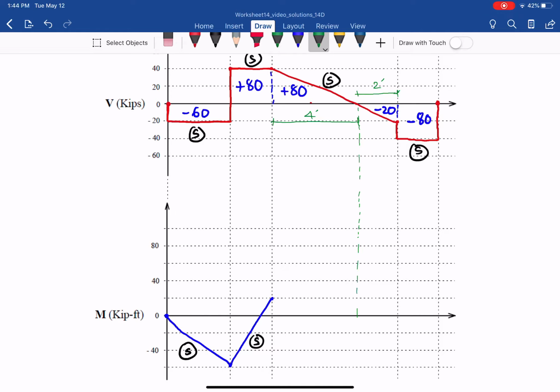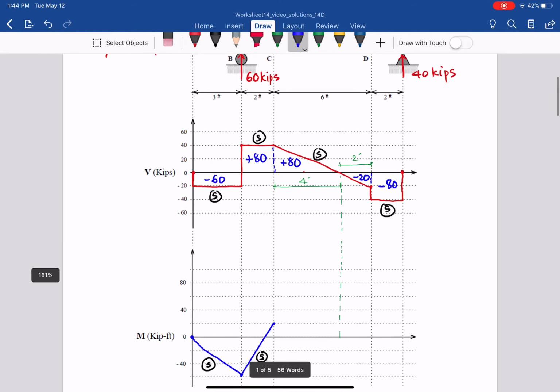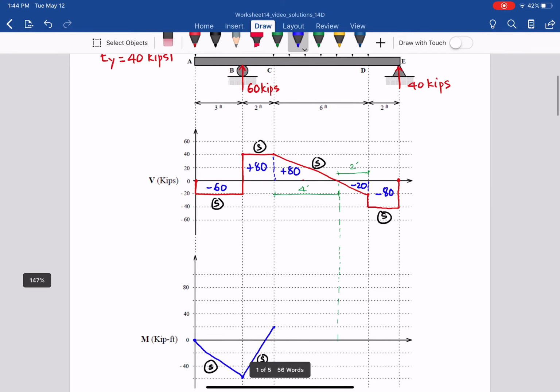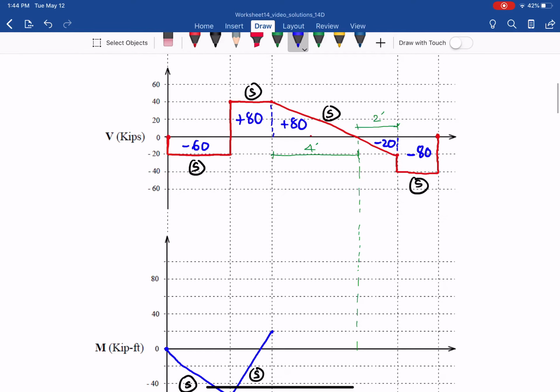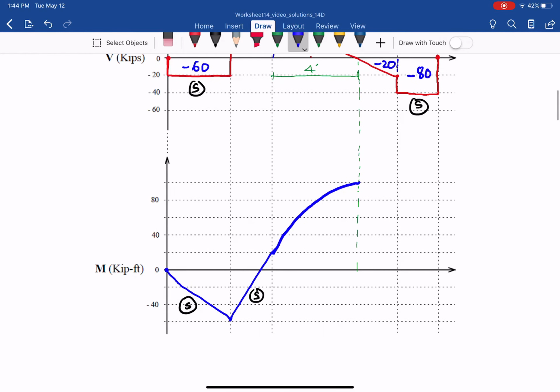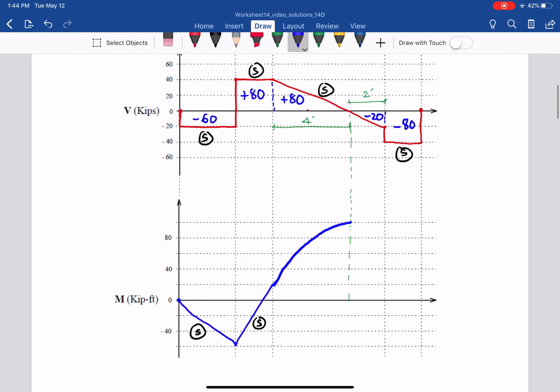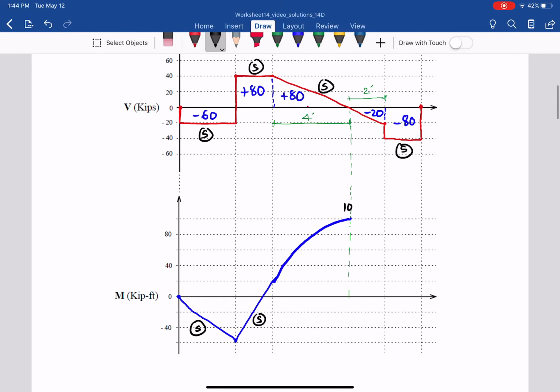From C to the intersection is the peak of the moment, at the point where the shear is 0. When the shear is 0, that represents the slope at that point, so you have a horizontal slope there, and it goes to 100. That point here is 100, and that's a parabolic curve.